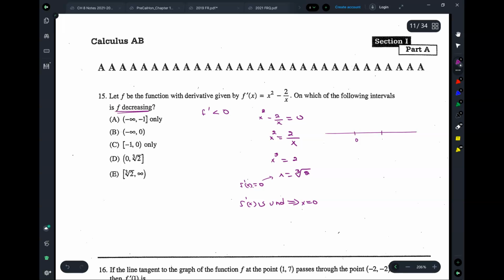And so here I get 0 and cube root of 2. So f prime, right, we're going to plug it into the original f prime, so at negative 10, it's positive, then negative, then positive.